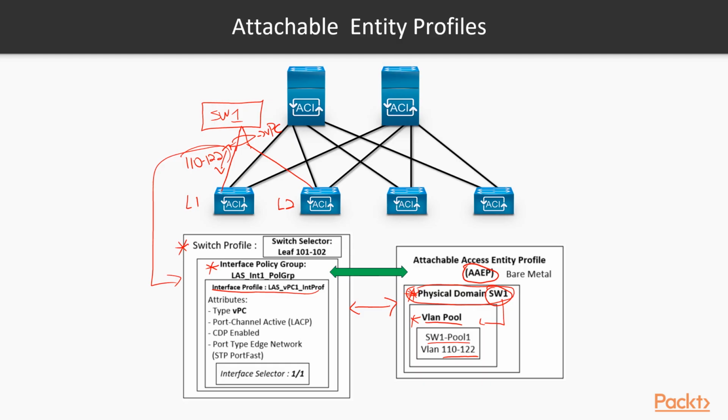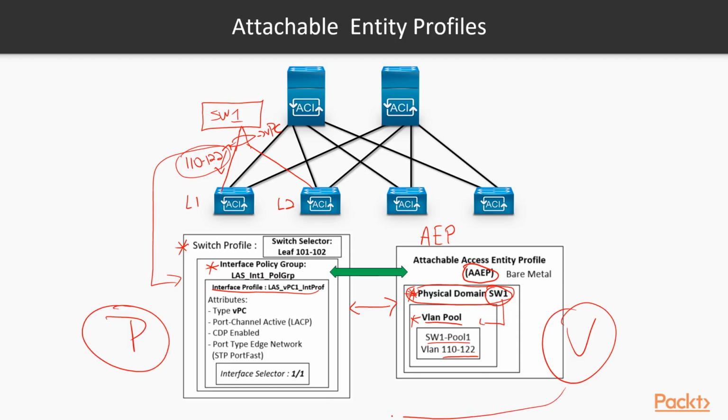However, in order for this to work, I have to glue it. I call it glue it, but I basically have to attach an access entity profile, which then is going to allow that communication from my physical to my virtual. Okay? So this is how ACI relates the physical to the virtual using an AAEP.